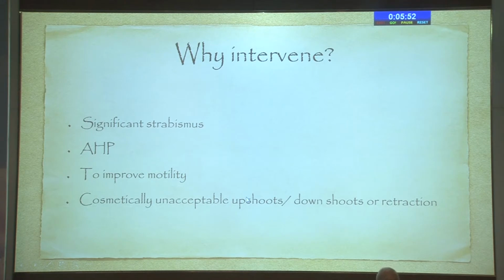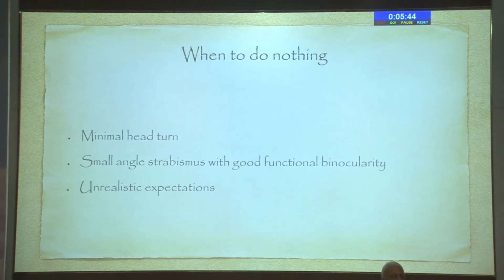Why do these patients need intervention? There are a variety of reasons, but the most important are mentioned in this slide. So when to do nothing? Before we plan surgery, you should also know when to do nothing in Duane syndrome. If there is a minimal head turn or a small angle strabismus with good functional binocularity, you should not do anything.